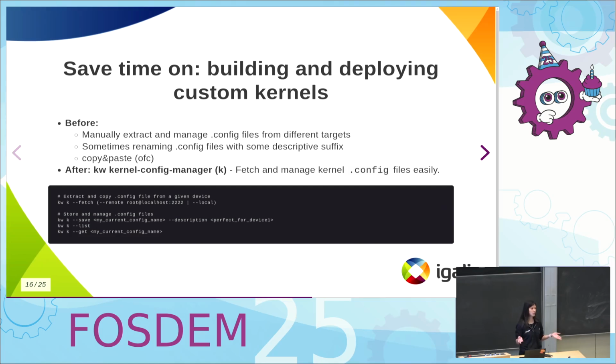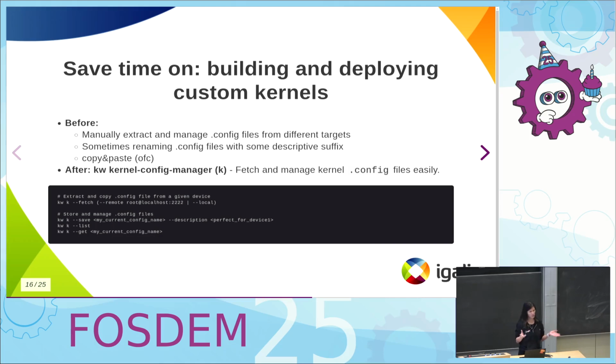So first you need a config file, and probably you are manually extracting and managing config files from different targets. Sometimes you are just renaming the config file with a bunch of different suffixes, trying to describe, oh, this config file is for this setup or this machine.